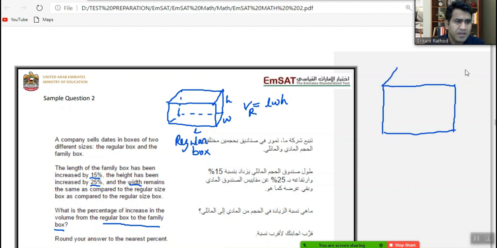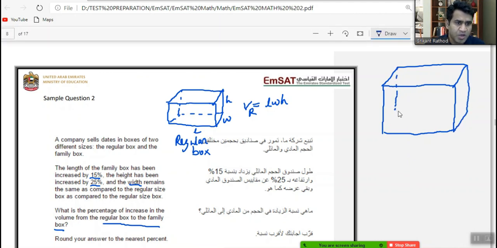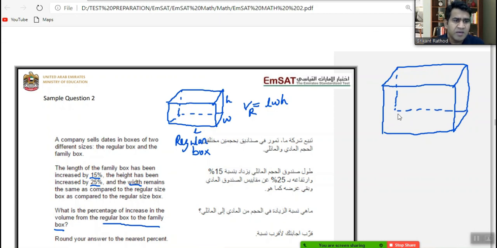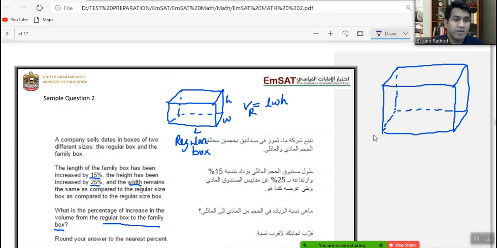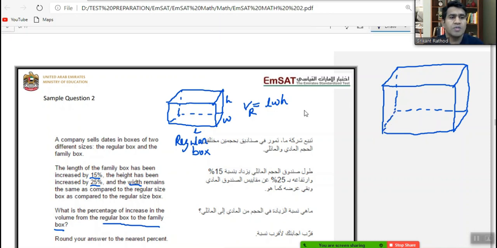For the exam it's not necessary for you to draw and solve. I'm just showing the diagram for your clear understanding, but this is not required. You just need to work out what the change is instead of doing all this.